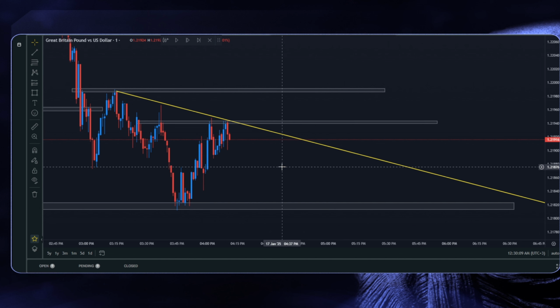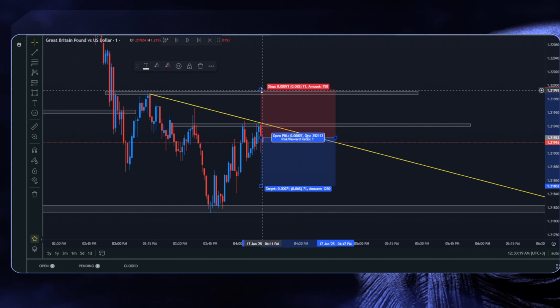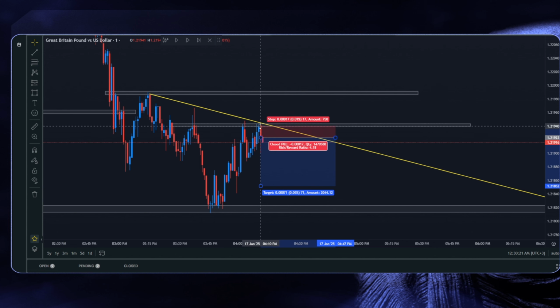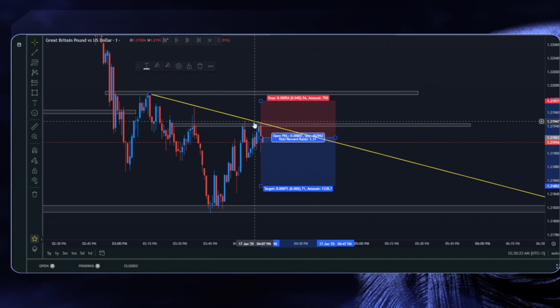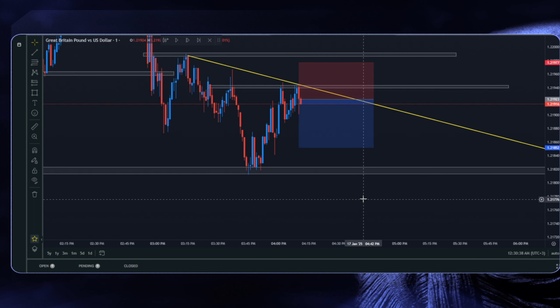Okay, so on the closure of this candle, we shall be having our entries here, and then our stop loss is going to be above this resistance line, because we have seen that the sellers are trying to overtake the buyers from here. The buyers are pushing up, but they are failing to break above that resistance line.